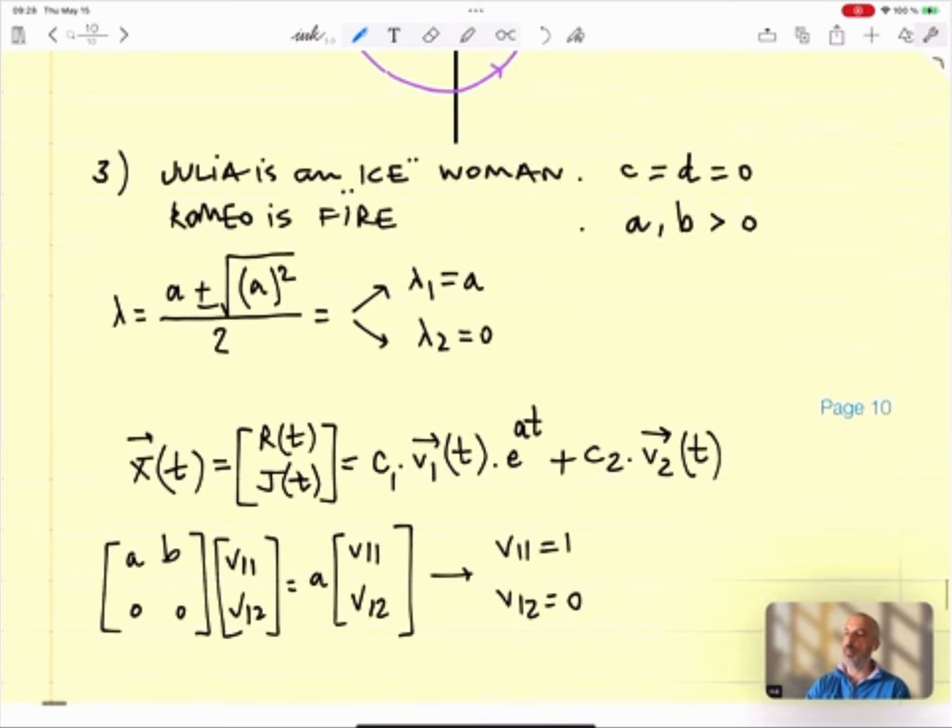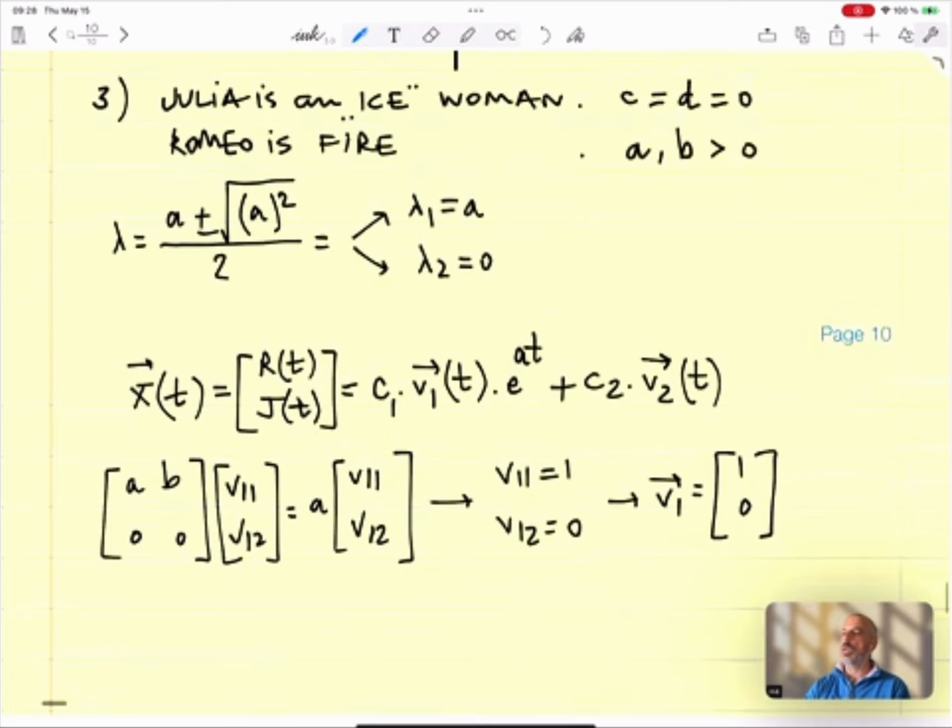Okay? It's the only solution to this. So our first eigenvector is going to be 1 and 0. Julia does not interact with Romeo.